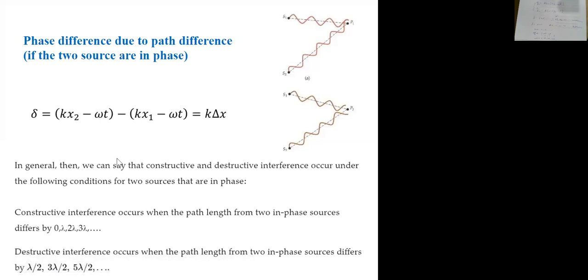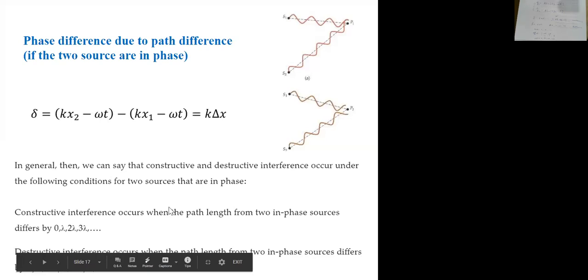Now, similarly for destructive interference, you can set this kx equal to pi, 3 pi, 5 pi, 7 pi, odd integer numbers of pi. Then you will figure out that for destructive interference to happen, you have to have delta x equal to either 1/2 lambda.